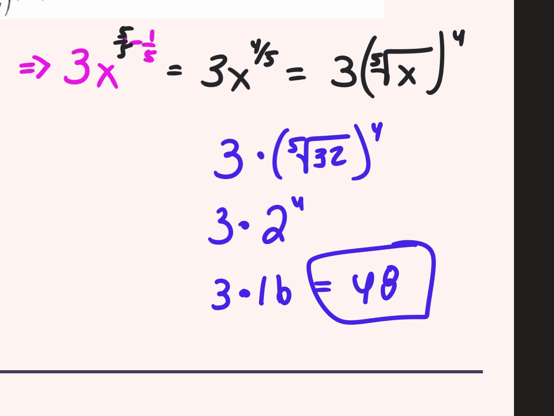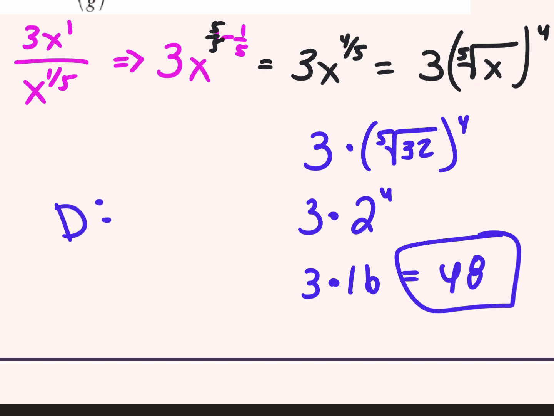Think about domain. Do I have any domain restrictions here? Do I have a variable underneath a radical? Yes. But it's an odd root. Can you take the odd root of a negative number? Yeah, absolutely. So you don't have a domain problem there. But where is the domain issue?